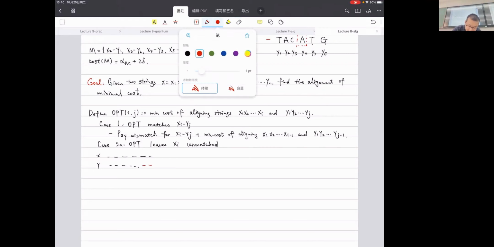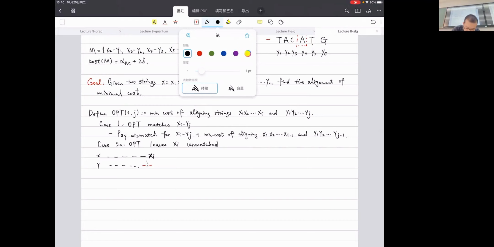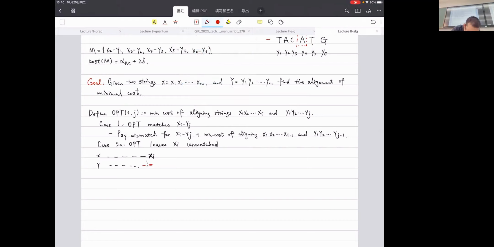This is Xi. There can be several gaps here, we just don't know. We just know that if Xi and Yj are not matched, then either Xi is unmatched or Yj is unmatched. I'm talking about the case where Xi is unmatched. There is definitely going to be a gap here, and maybe there is also something else here.